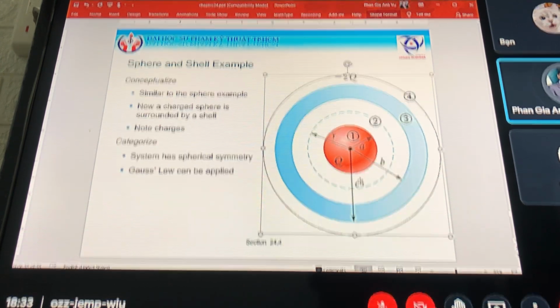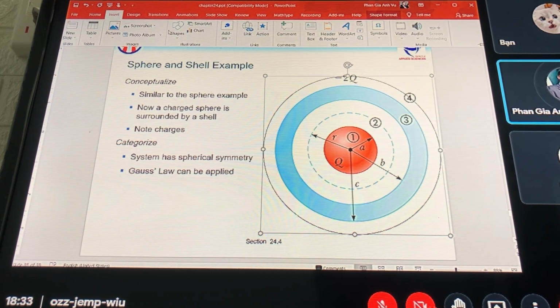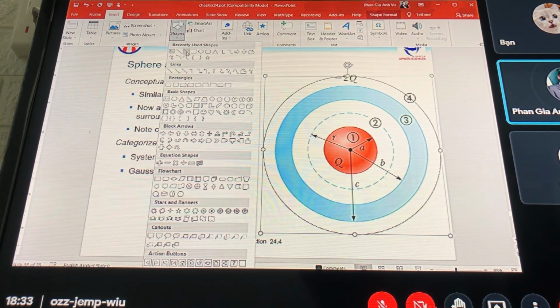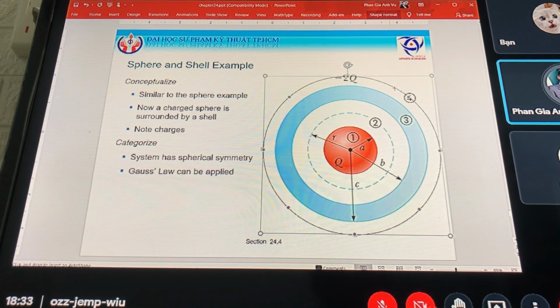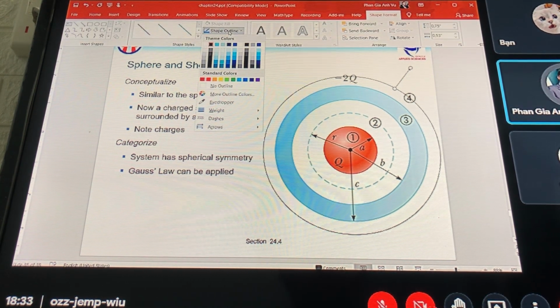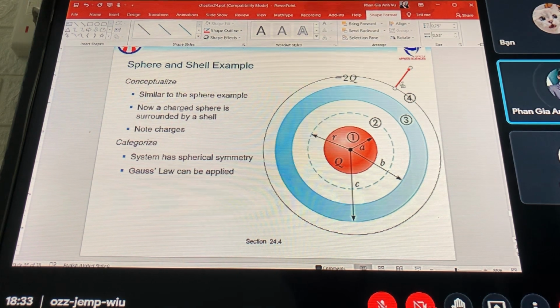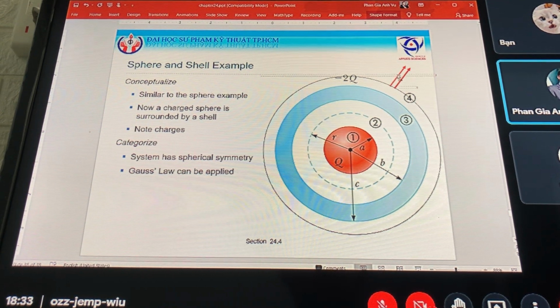Okay, then the electric field will be perpendicular to the Gaussian surface because of the symmetry, but is it outwards or inward? Can you answer my question? Is it outward like my arrow now, or is it inward?